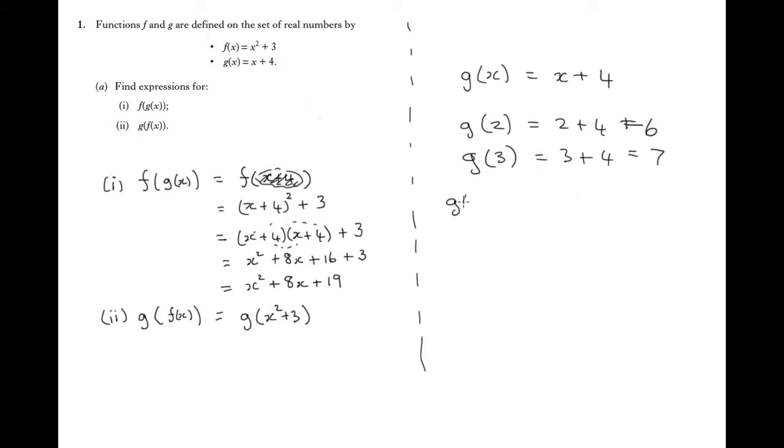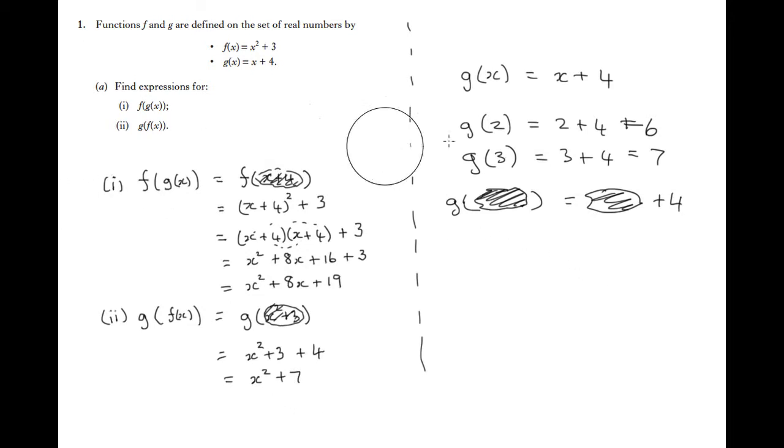So anything that is put in to g, any number or expression standing for a number, that number will have 4 added to it. So that's all that g does. So in particular, if you're putting x squared plus 3 into g, then x squared plus 3 will have 4 added to it. Brackets are not needed here. So that gives us x squared plus 7.